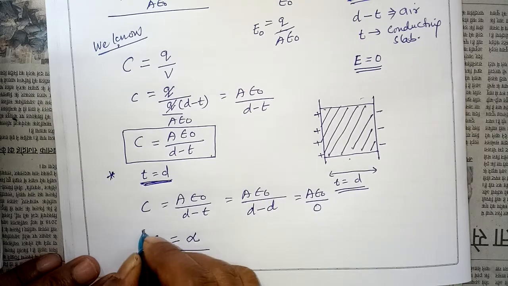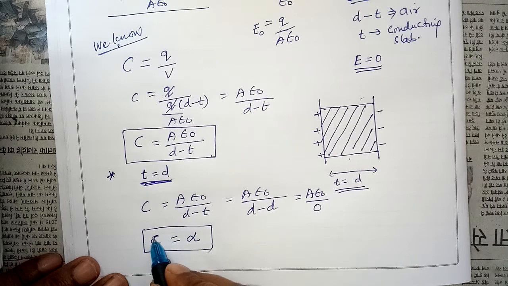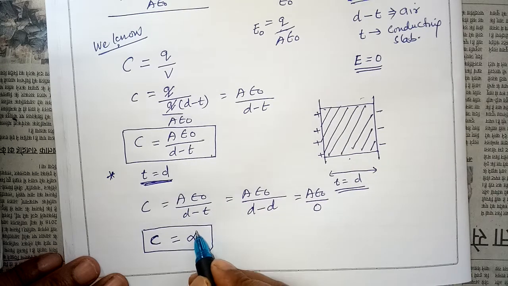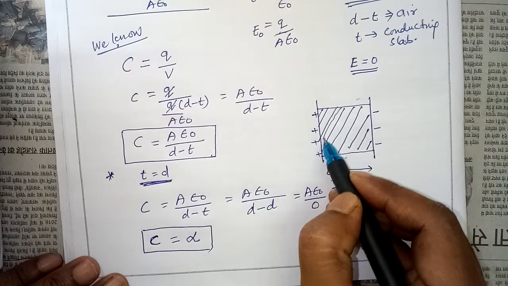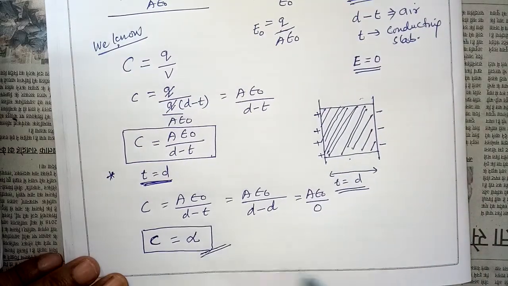So the very important conclusion we are getting is that the capacitance of the capacitor, the ability of the capacitor to store charge, becomes infinity when the space between the two plates is filled with a conducting slab. This is an important conclusion from this topic.